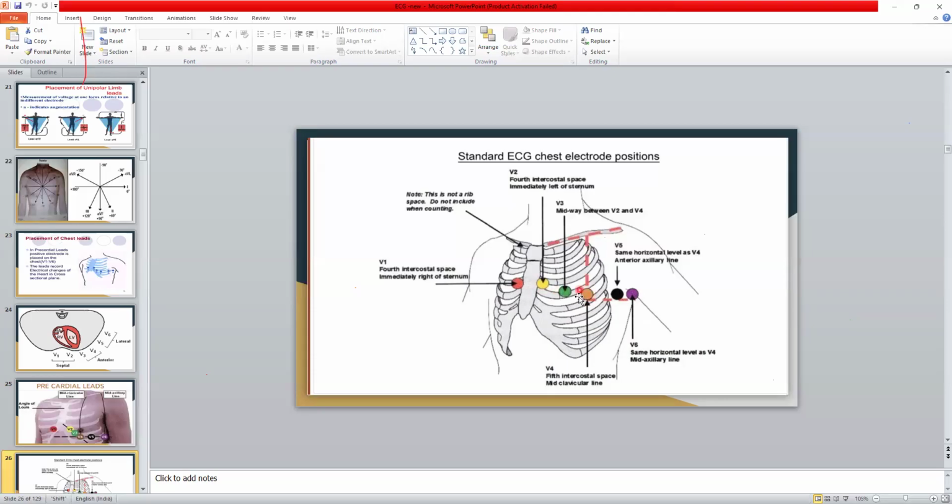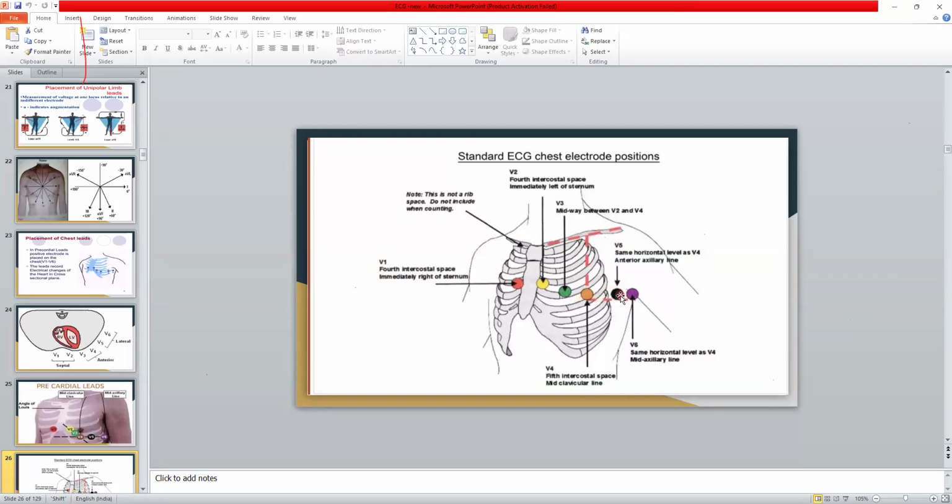V4, the main important electrode, has to be placed in the 5th intercostal space in the mid-clavicular line. You can see the mid-clavicular line. And V3 is between V2 and V4.